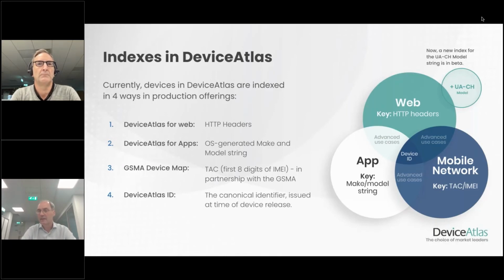Thirdly, the data is indexed on the TAC or IMEI, and this is in cooperation with the GSMA, and is used in the mobile operator ecosystem to understand the device. And finally, there's a canonical identifier, the DeviceAtlas device ID, which is issued at the time of device release. The other identifiers effectively roll up under this one, and it enables businesses to understand how devices behave across the different ecosystems. So it's a very powerful tool to understand user and device behavior across the different environments.